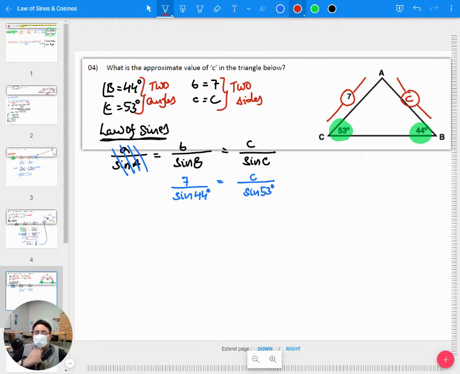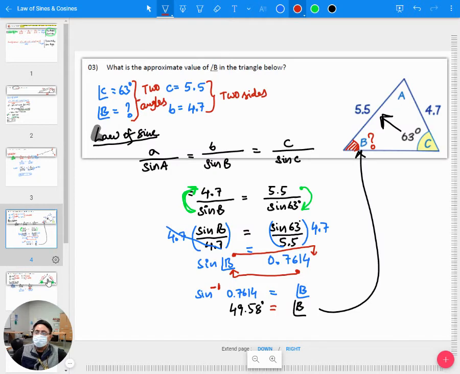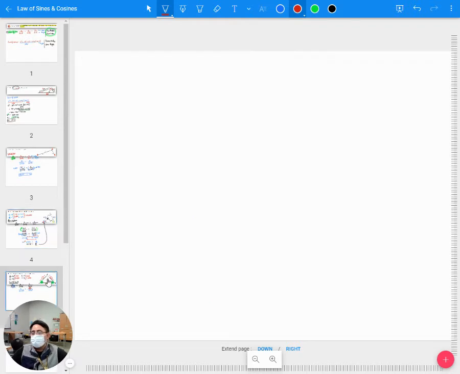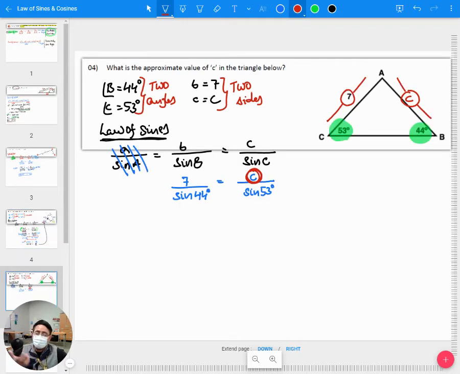In this problem, I am not taking the reciprocal because whatever is to be computed is in the numerator. Please remember in the previous question, I took the reciprocal on both sides of the equal sign because the value to be computed was in the denominator. But in this question, the value to be computed is in the numerator, therefore I need not do that.